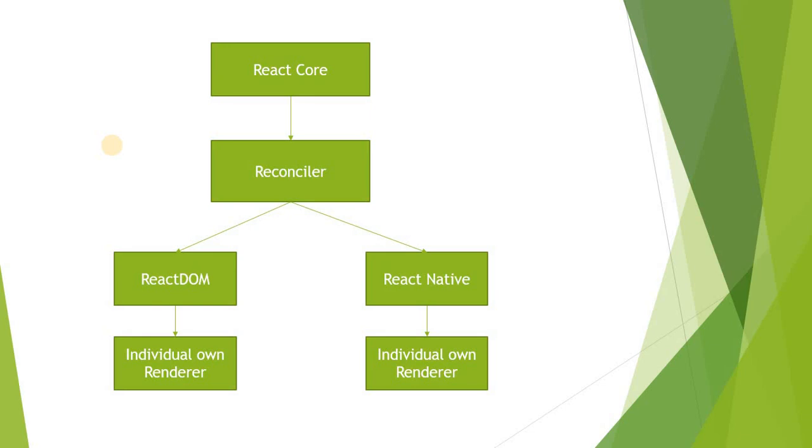With the help of React DOM, the same reconciler can be used in React.js for developing web applications for browsers, and the same reconciler of React core can be used by React Native, which is basically used for creating mobile apps. Both React DOM and React Native have different renderers to render the updated DOM into the browser.